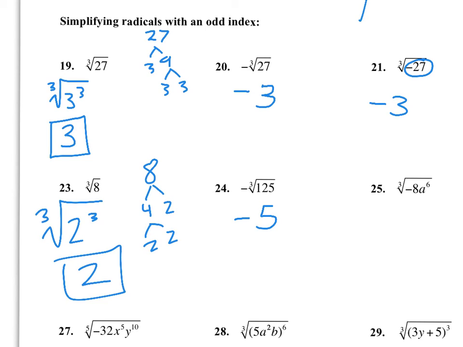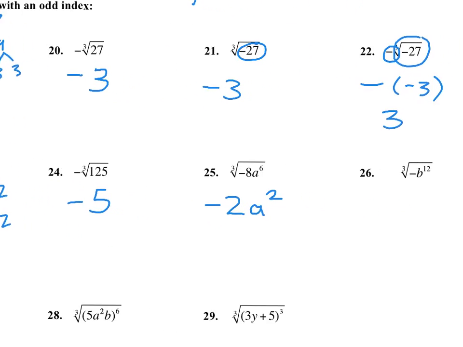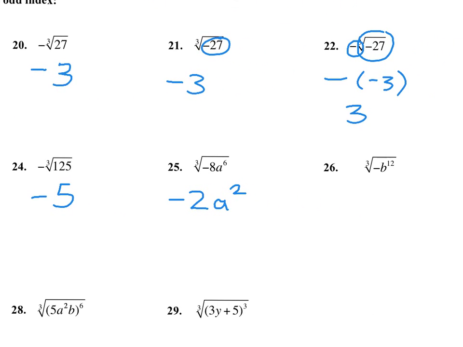The cube root of negative 8 is negative 2. If you multiply negative 2 times negative 2 times negative 2, you get negative 8. And I'm going to divide the 6 by 3 and get a squared. Alright, for number 26, imagine that negative sign as a negative 1.